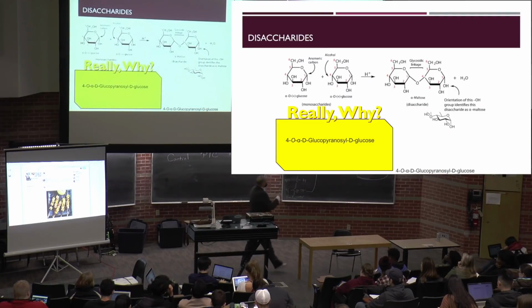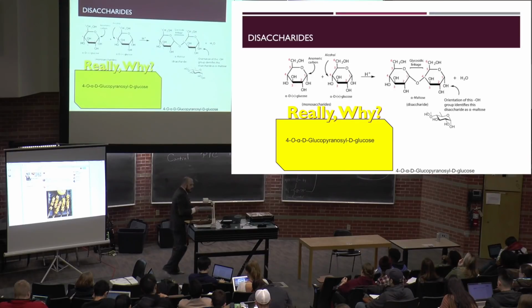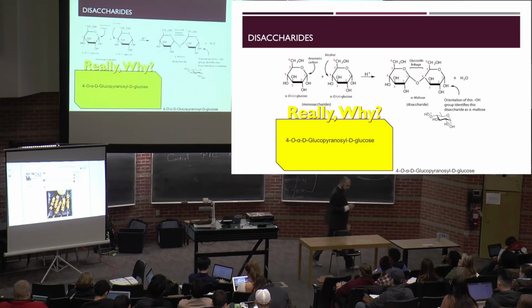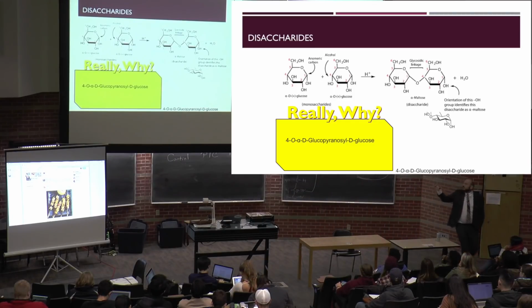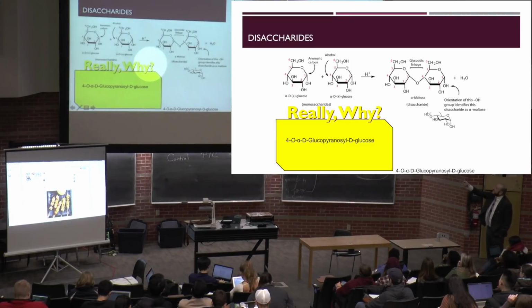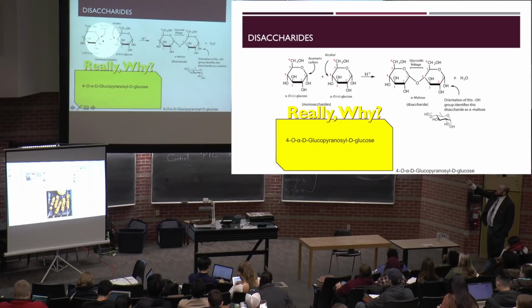So again, when we talk about our anomeric carbon of glucose, if we have the formation of, what do we have here? I think maltose, alpha maltose. When we have the formation of maltose, we can see that this anomeric carbon here is going to undergo a reaction with position 4 of another D-glucose.